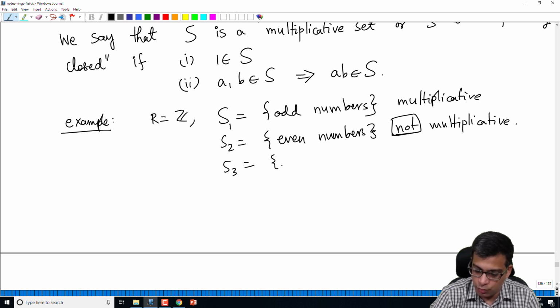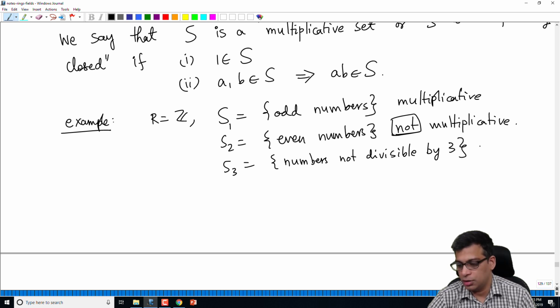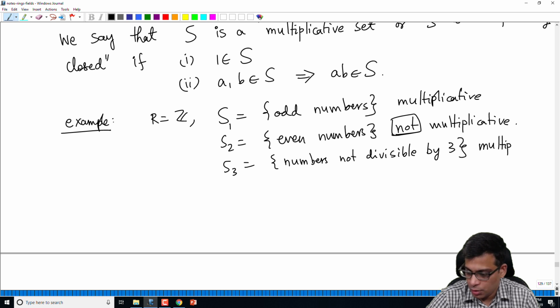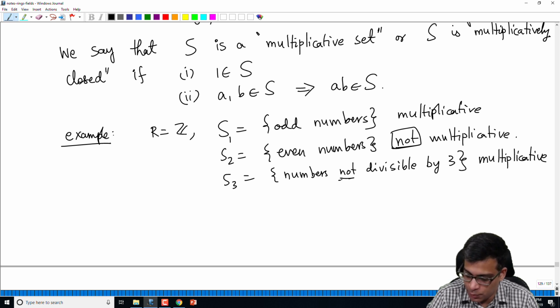Let me do one more example. S3, numbers not divisible by 3, this is multiplicative. This requires a little bit of thinking, but you can show that this is a multiplicative set because 1 is in this set, because 1 is not divisible by 3.